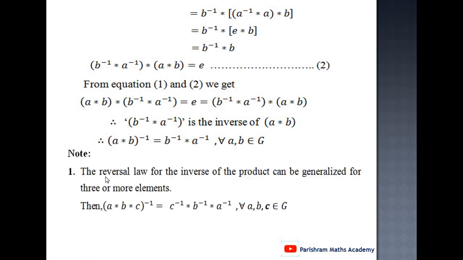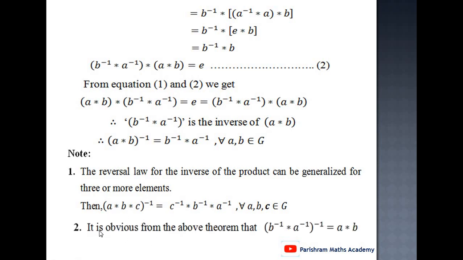Now note, the reverse law for the inverse of the product can be generalized for three or more elements. It means for 2 elements, (A star B) inverse equals B inverse star A inverse. For 3 elements, (A star B star C) inverse equals C inverse star B inverse star A inverse for all A, B, C belongs to G. If G is a group, then this reverse law is satisfied.